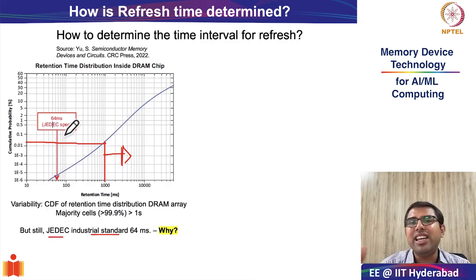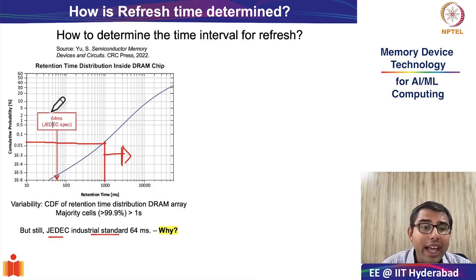The USB-C or USB-A or different kinds of connector ports also come from such committees which set certain standards. This JEDEC specification for the DRAM happens to be 64 milliseconds.